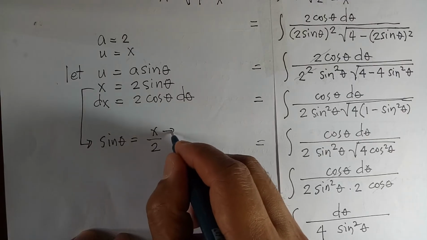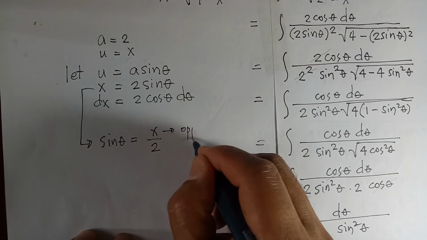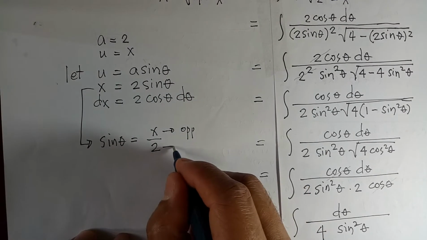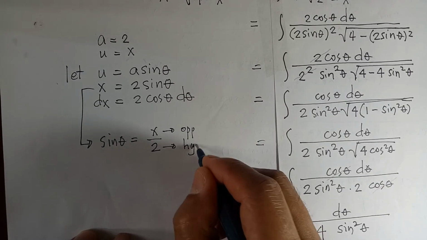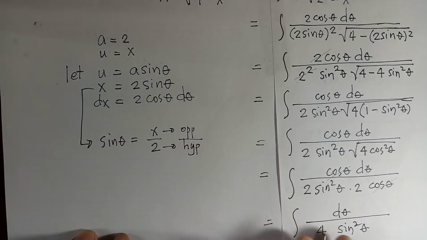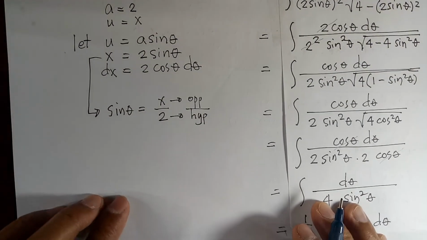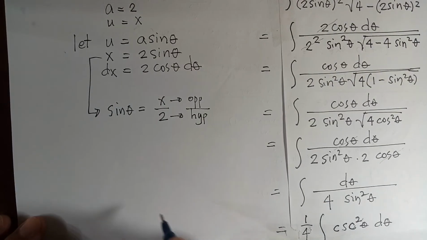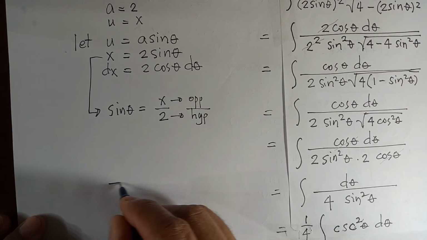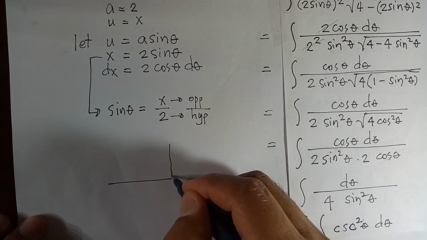So, ito ay opposite side, no. Ito naman yung hypotenuse. Okay. So, if we are going to draw the right triangle defined by this equation, sine theta equals x over 2. No? So, let's draw the right triangle.